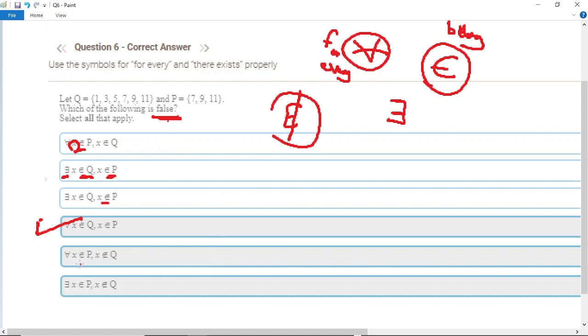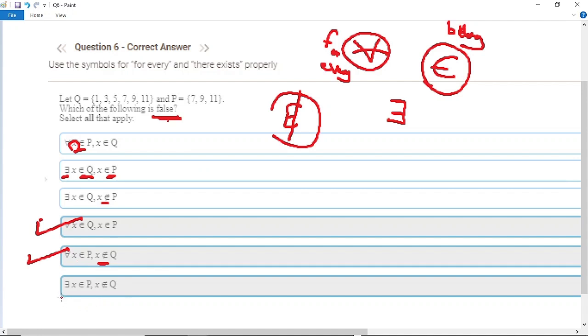Let's come to here. All numbers belong to B, 7, 9, 11, will not belong to Q. No, 7, 9, 11 belong to Q also. There is 7, 9, 11, so this is the right answer because it's false.